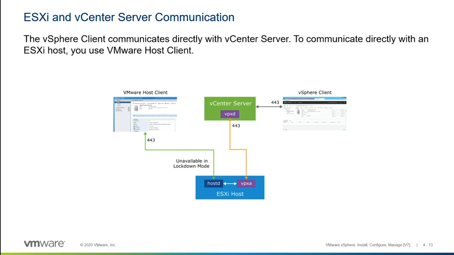Now, when it comes to communication, there are some things that you should be aware of, but for the most part, this is taken care of automatically. The most important thing for us to know as vSphere administrators is that the communication between us, a browser, and vCenter server, and vCenter server and an ESXi host, happens over port 443 using TLS secure communications. Okay?